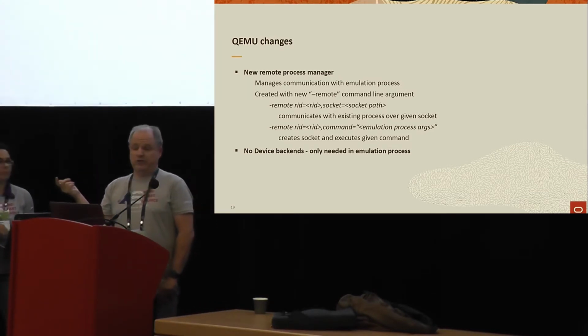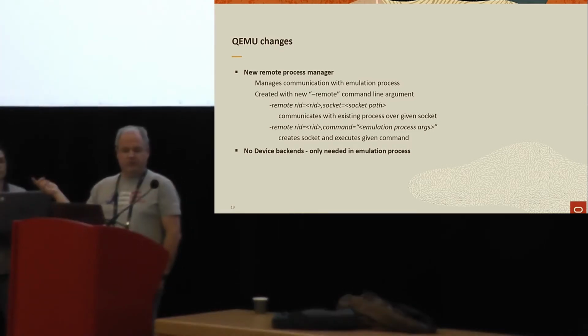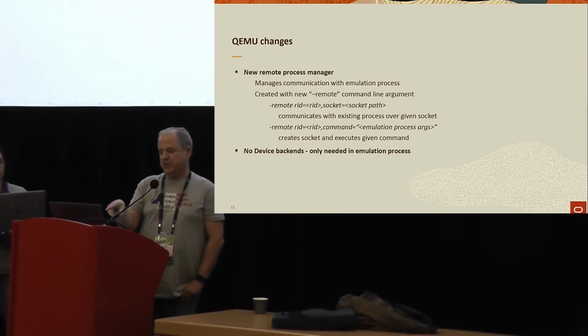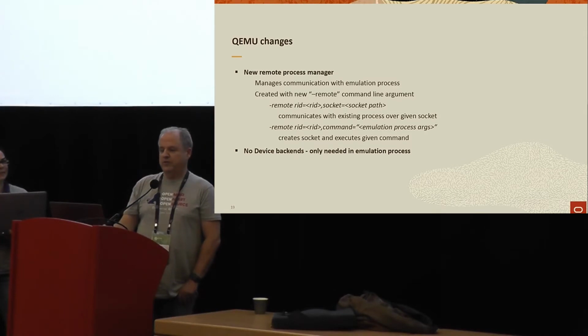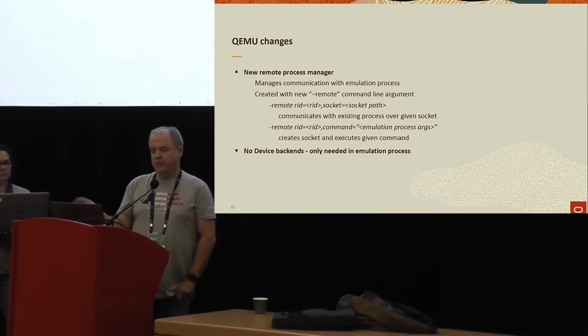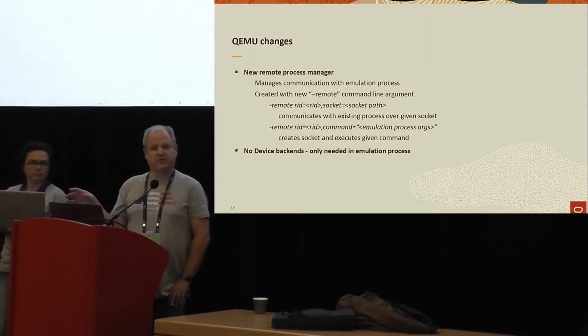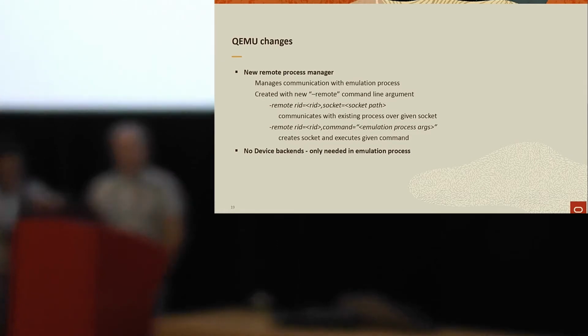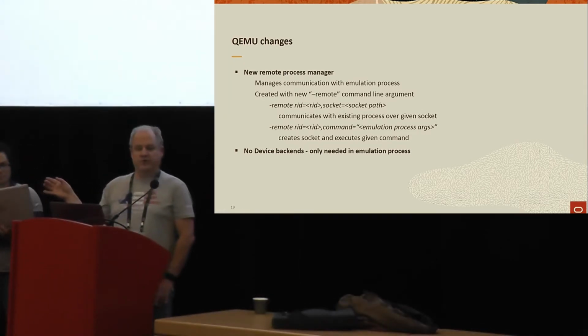If you don't have an orchestrator and QEMU is responsible for setting up the entire environment, there's a second option that you can give a command to, and then QEMU itself will create the socket and execute the given command. There are no device backends for the devices that are being executed remotely. They're not needed at all within QEMU.